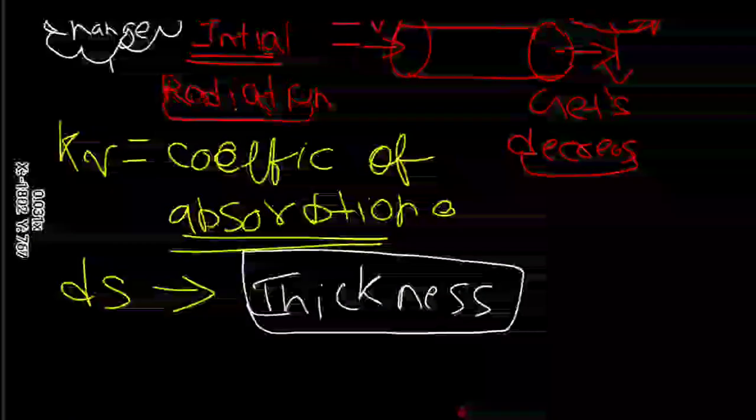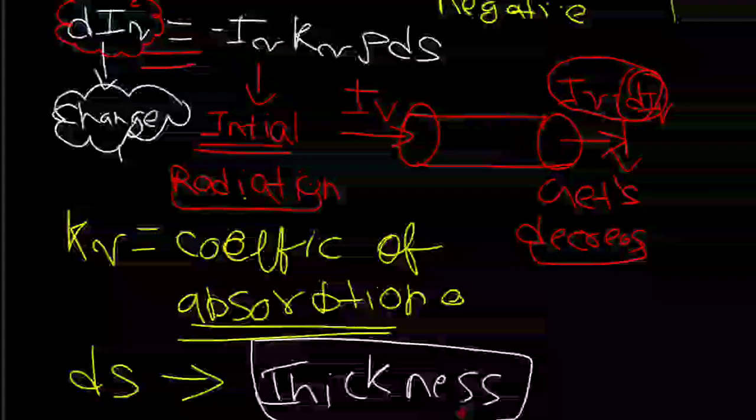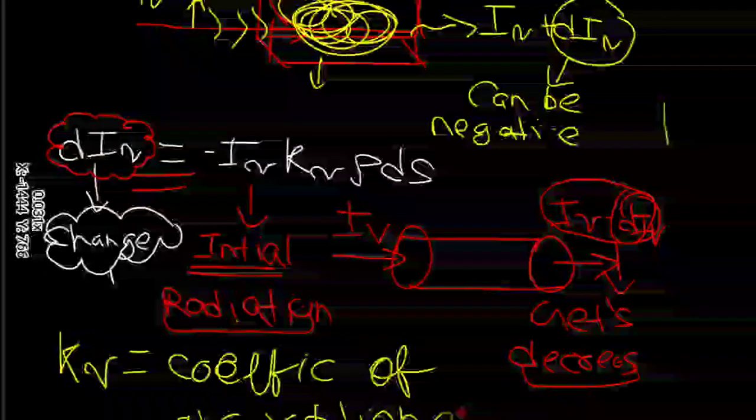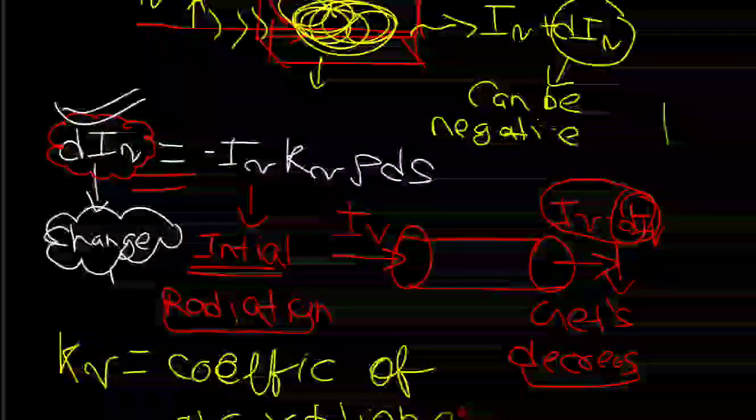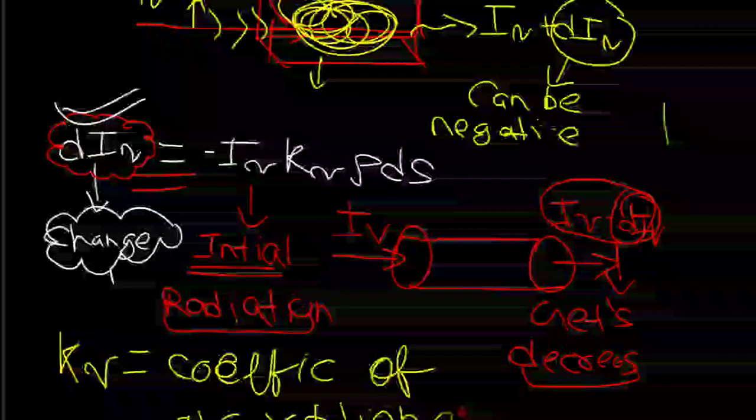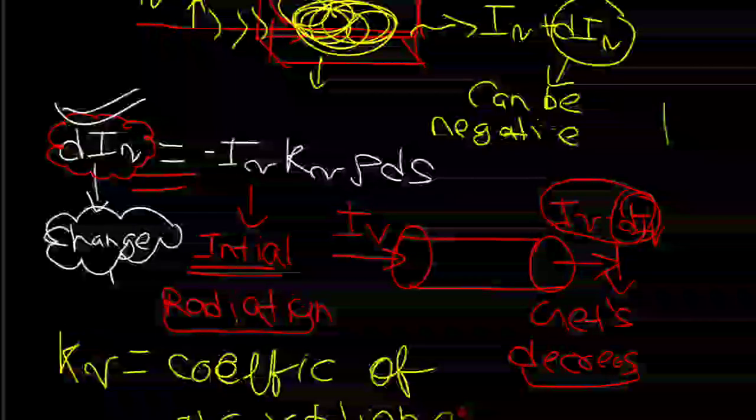So now we have discussed the absorption and emission of radiation, and how we can calculate the small amount of radiation which gets absorbed when entering into the material by using this particular formula. So I hope it is clear to all of you how we can define emission and absorption in radiation and how to calculate it.